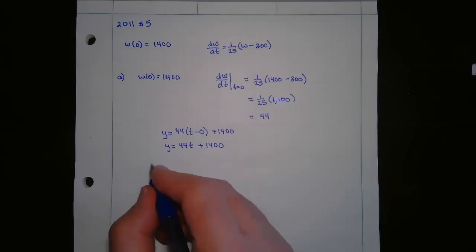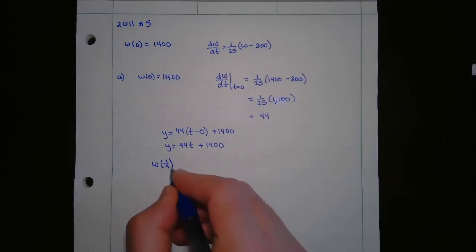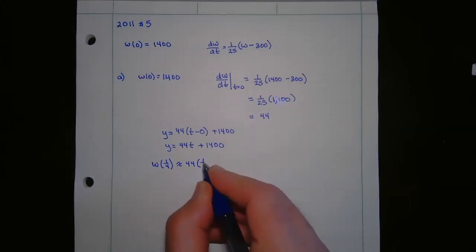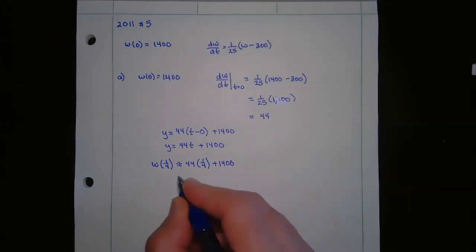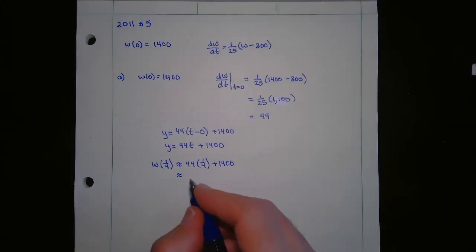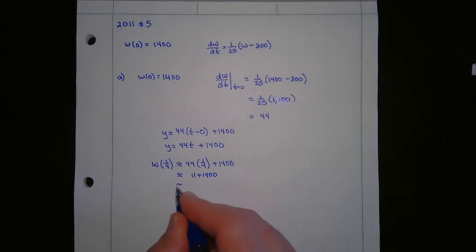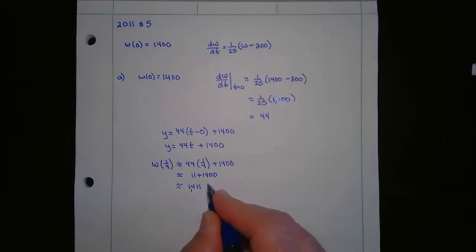So we're going to find W of 1/4, which is approximately 44 times 1/4 plus 1,400. 44 times 1/4 is 11, so this would be 11 plus 1,400, which is 1,411 tons. And that's part A.